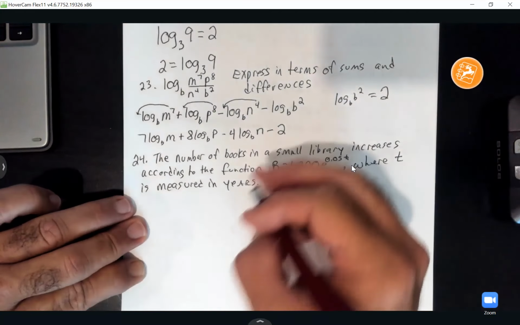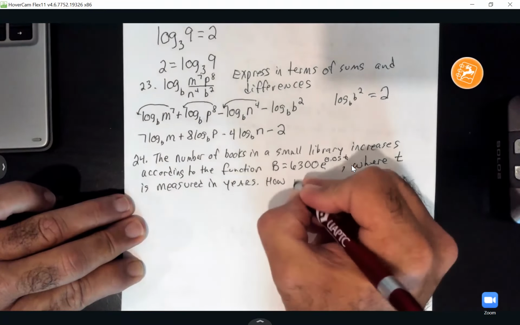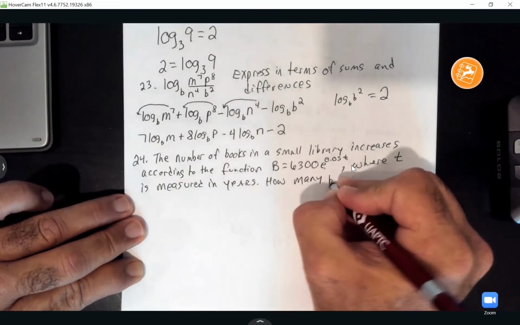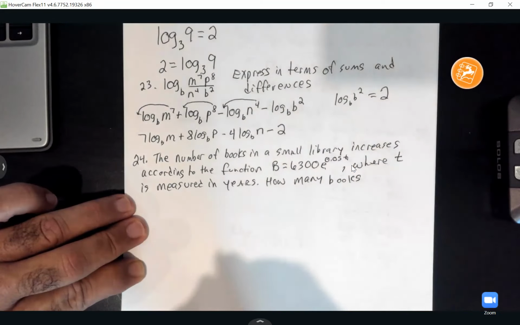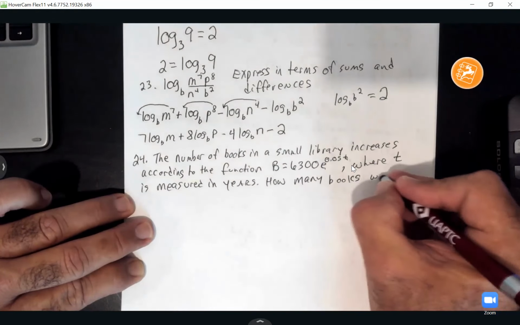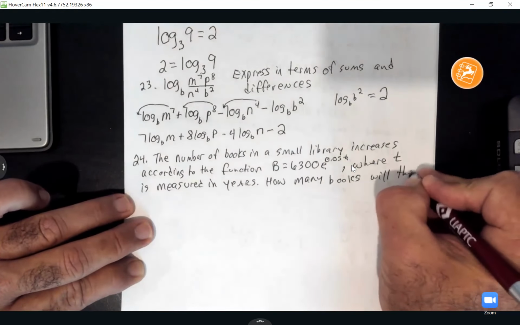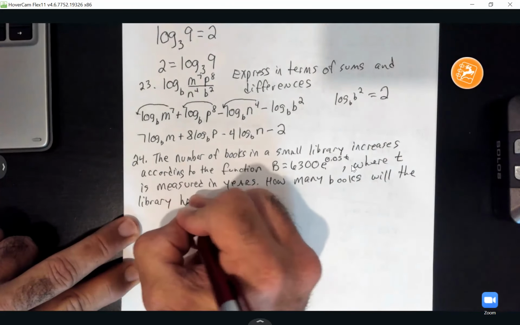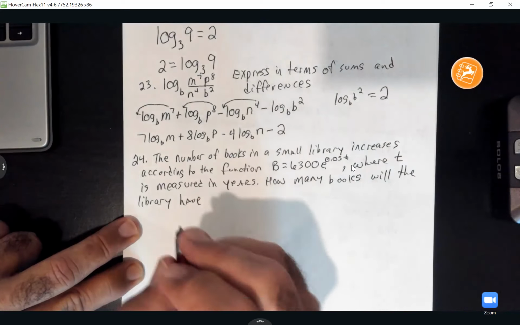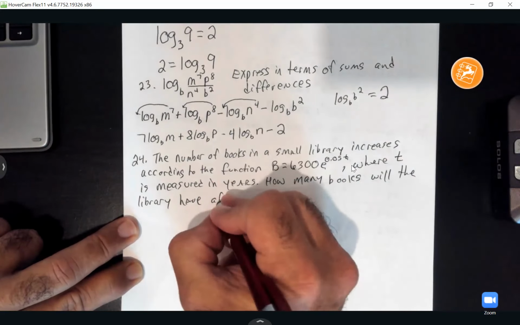So then they say, how many books would a library have after 5 years?